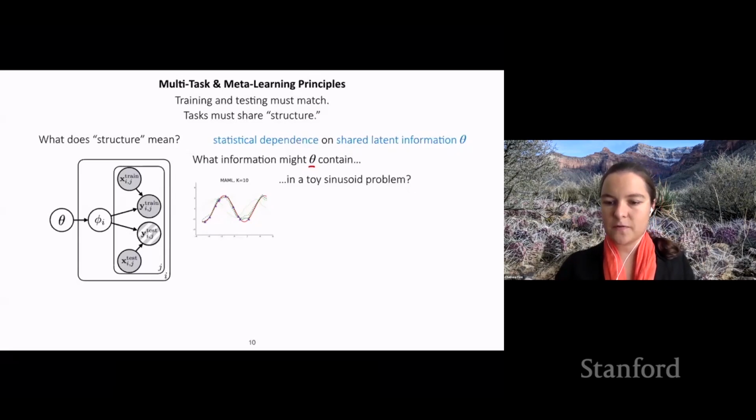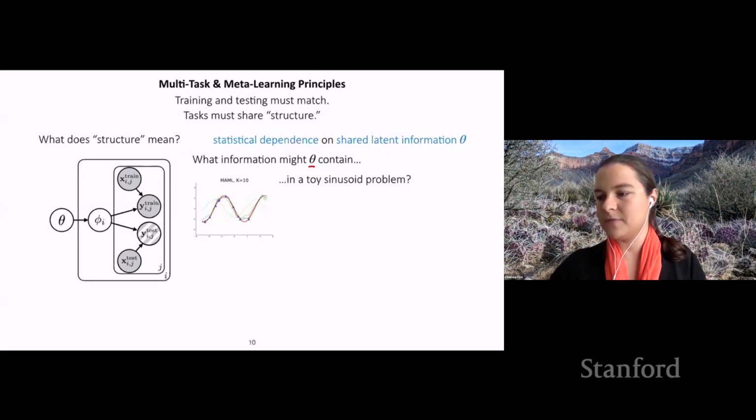Yeah, so theta would contain the unit sinusoid, that it would contain sinusoid functions. Do you want to give an opinion? Yeah, I guess similar answer. Just the function itself, but things like amplitude and frequency, those can depend on phi i.